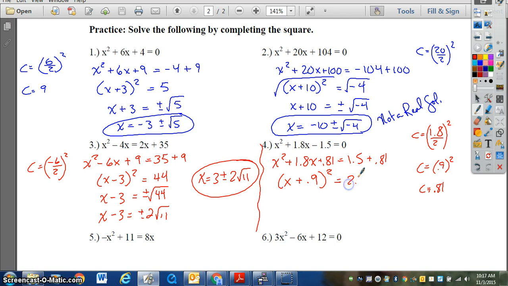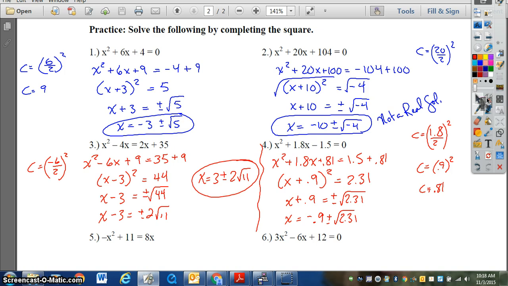Over here I'll get 2.31. And then I'm going to take the square root of this, so that will be plus or minus the square root of 2.31. And then I'm going to subtract 0.9, and I'll have plus or minus the square root of 2.31.